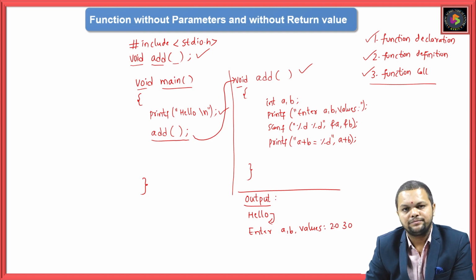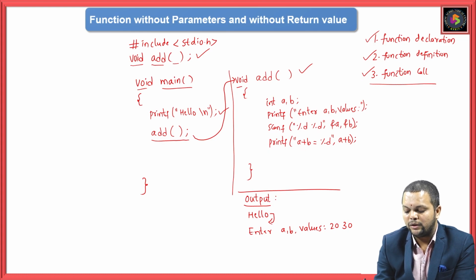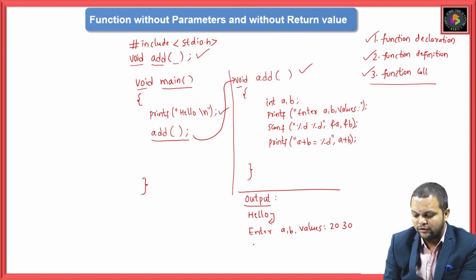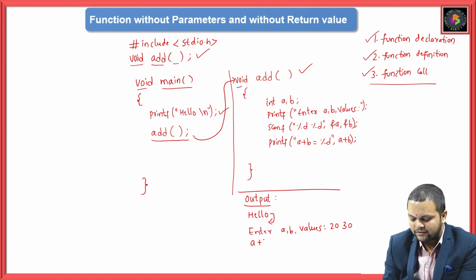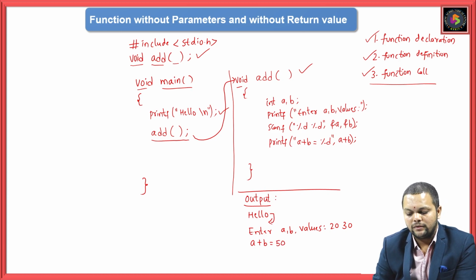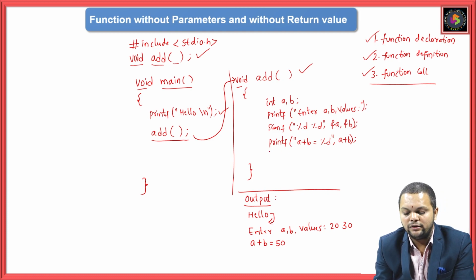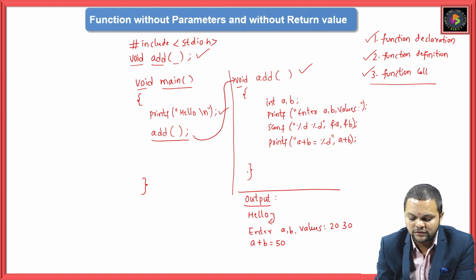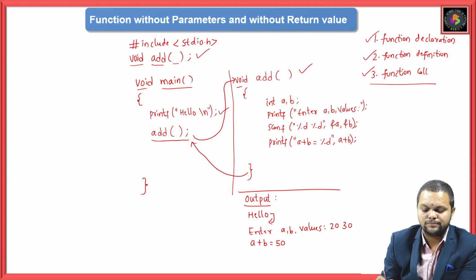20 space 30. Printf a plus b equal to %d a plus b. So it will print a plus b equal to 50. Again, after completing all the things in your function definition, the control will come back at this position.